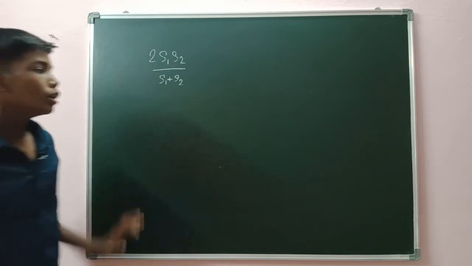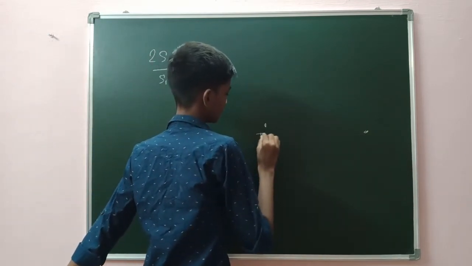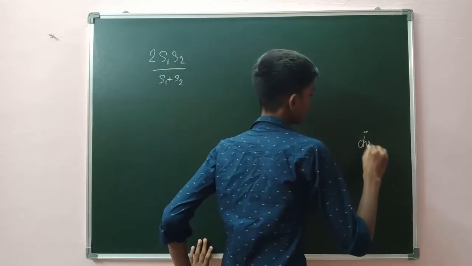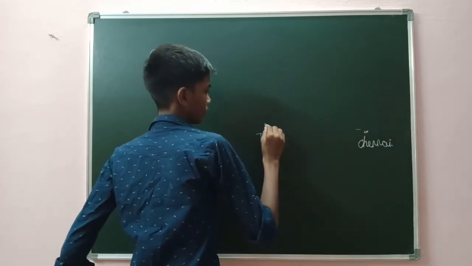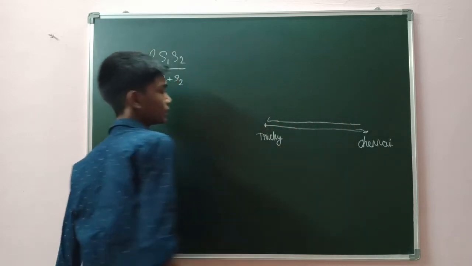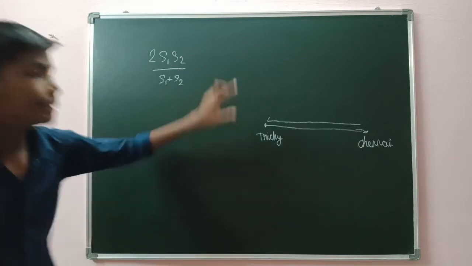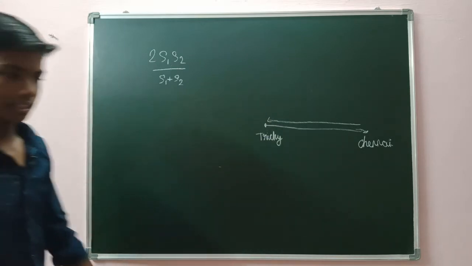For example, you are going to Chennai from Tiruchi, then on the same way you are having the return trip. You are going like this, same like that you are returning like this. So the distance is the same now, and this is where you can use this particular average speed formula, and please understand that.